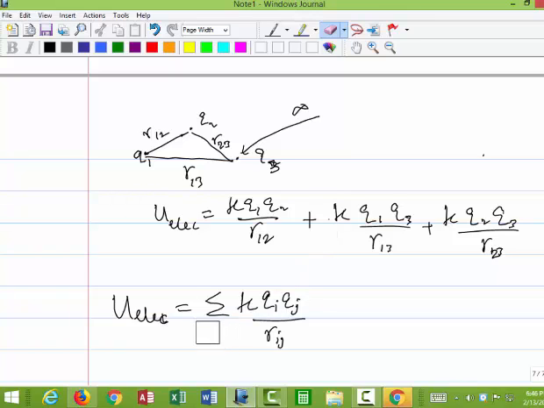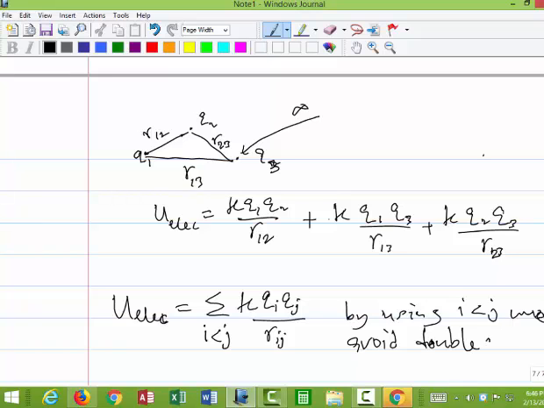So I have 1,2; 1,3; 2,3, where i is always less than j. By using i less than j, we avoid double counting.